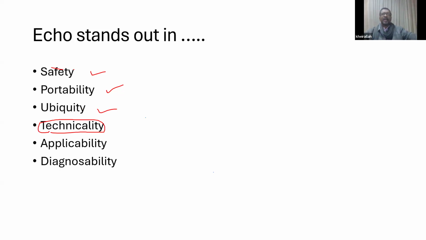You set the scanner there, things are in the workstation. لكن الإيكو no, الإيكو depends on your hands. يعني your hands have a lot to do with it. لكن في السي تي الام ار اي your hands are not that important. ولذلك الفيزيشن في السي تي والام ار اي مرات ما بيكون حتى موجود during the acquisition of the images, بيجي just to report. لكن for echo cannot be. For echo you always have to be there to assess the image and to acquire by yourself if there is any ambiguity or things not answered.